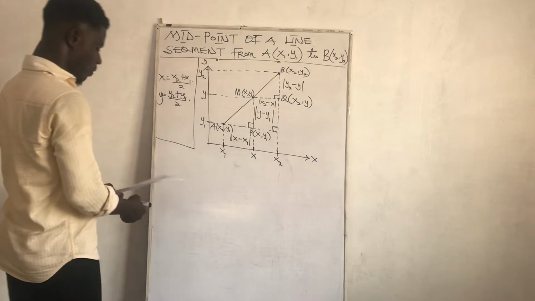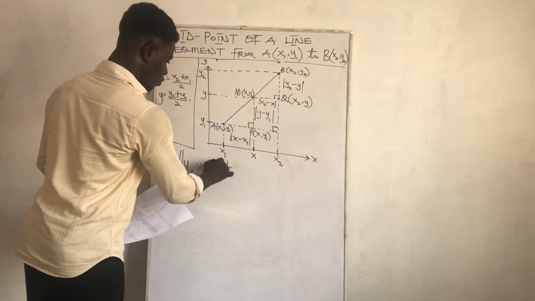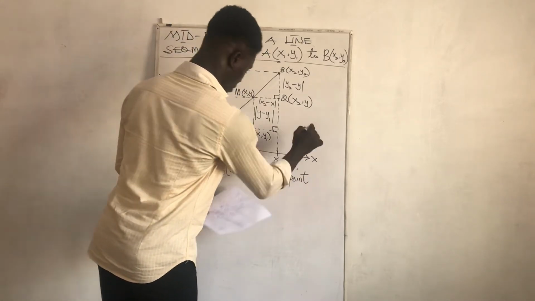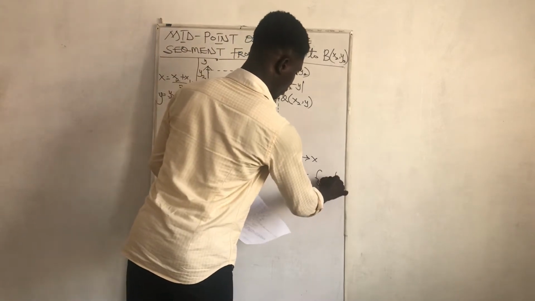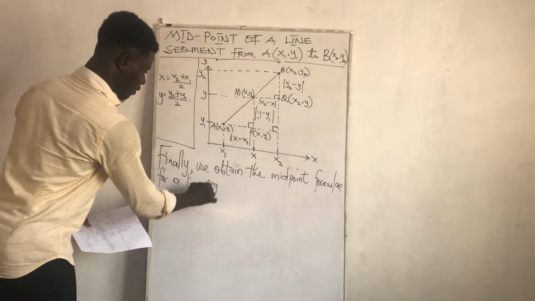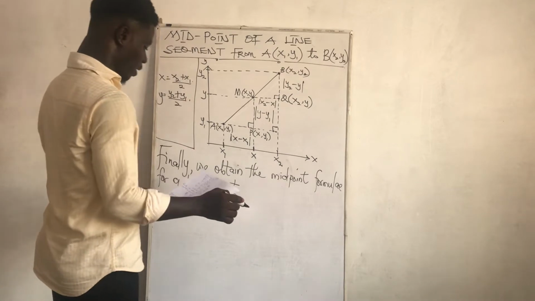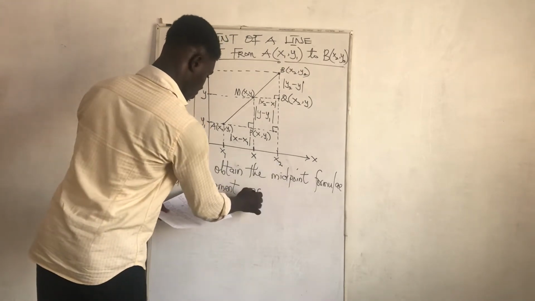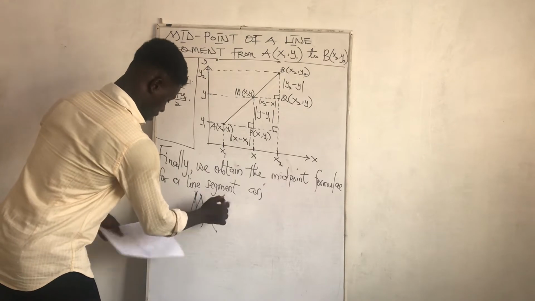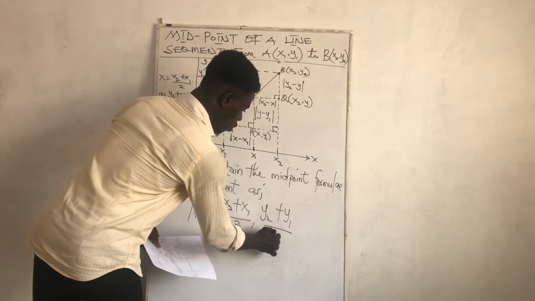So finally we obtain the midpoint formula for a line segment as M equals x2 plus x1 all on 2, then y2 plus y1 all on 2.